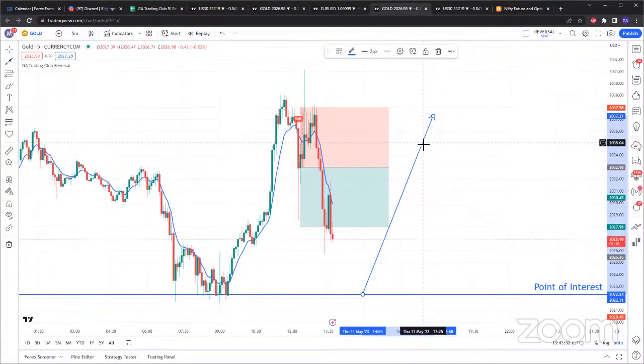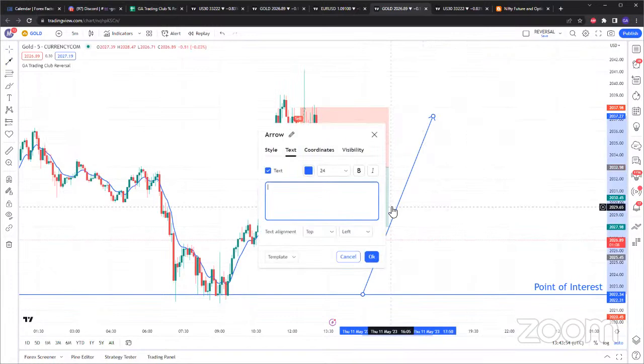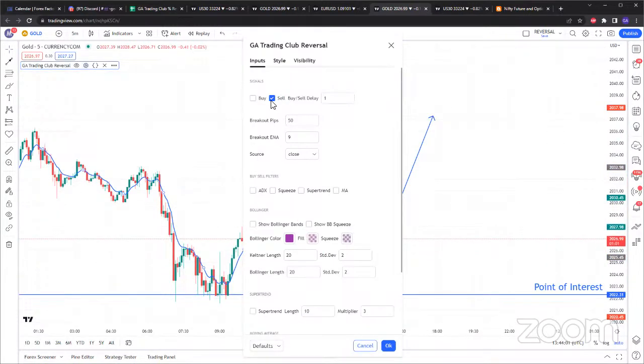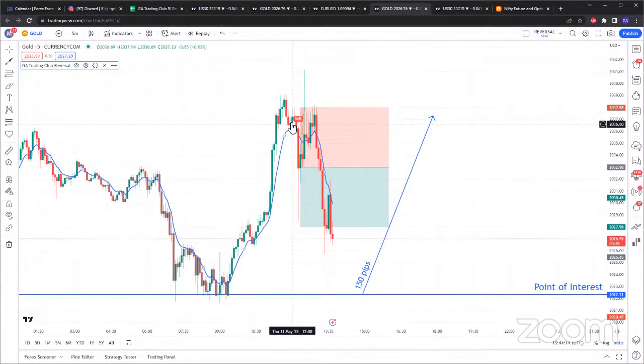This setup you're not interested in, so you come in here and configure the reversal indicator to sells only, because you're interested only in sells. Here is 50. This one, play around with close, but right now on lower time frames this should be close.